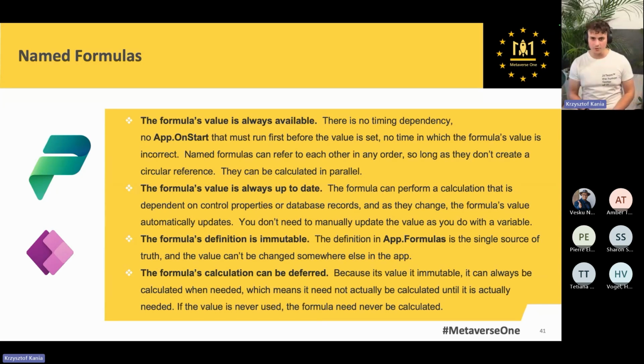But named formulas will be available whenever they are needed. So your user doesn't need to click that button. Okay, so it's a little bit easier. And it is great because we can treat it as a single source of truth. It will also be much easier for your team to support that kind of application later, okay?